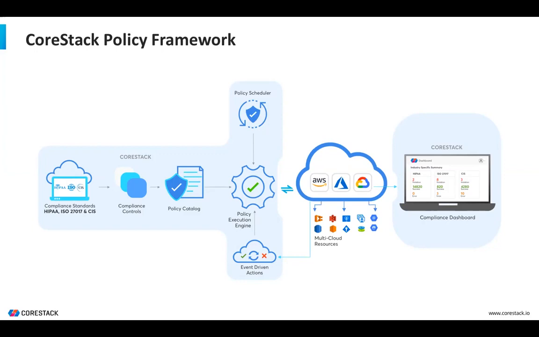Whenever there are new changes or new resources provisioned in the cloud, using an event-driven mechanism, it captures the resource and checks whether the resources are meeting the definitions defined in the controls. It gives a consolidated compliance dashboard across the cloud, across the multiple accounts that the customer uses.